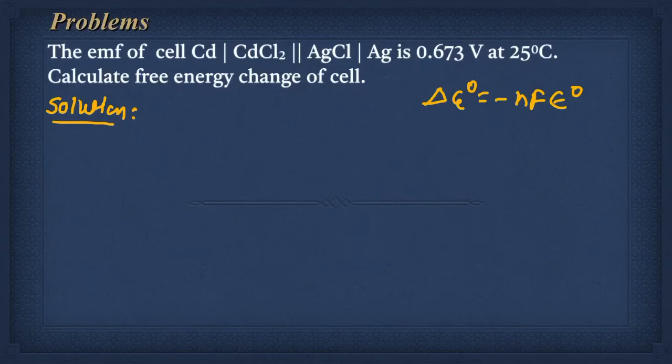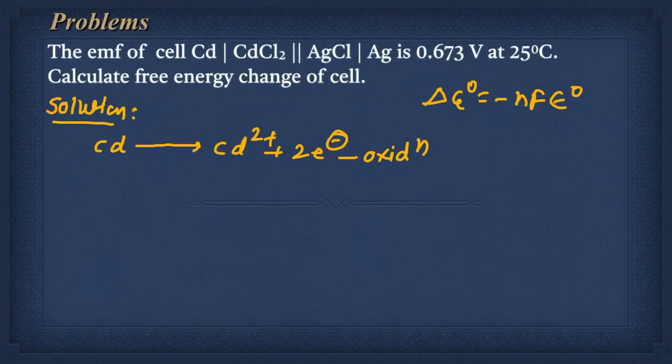So cadmium gets oxidized to Cd2+ with the loss of 2 electrons. So this is the oxidation. And silver, Ag+ gets 1 electron, there is a reduction of the silver.